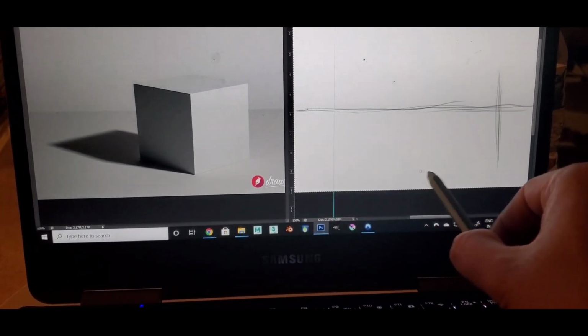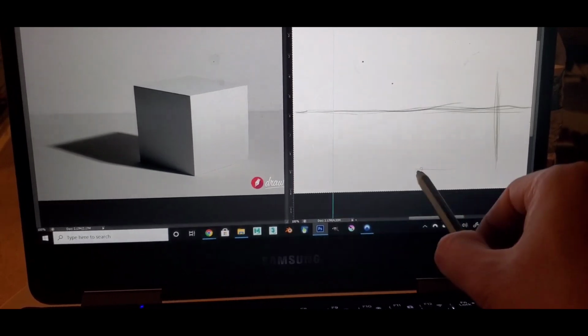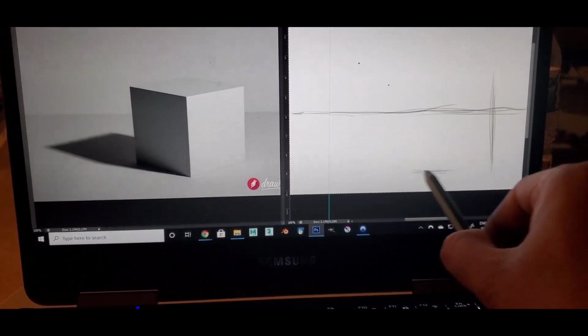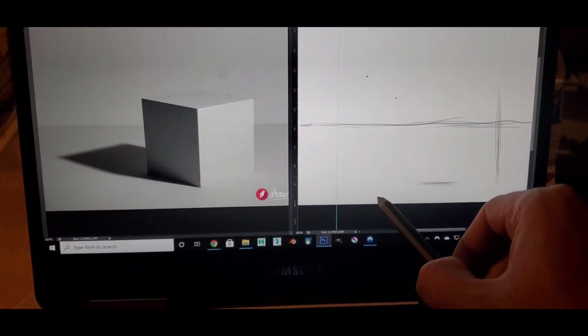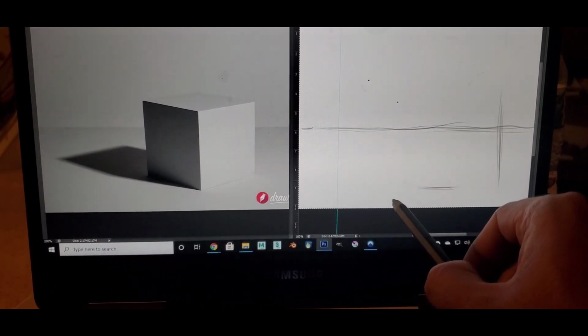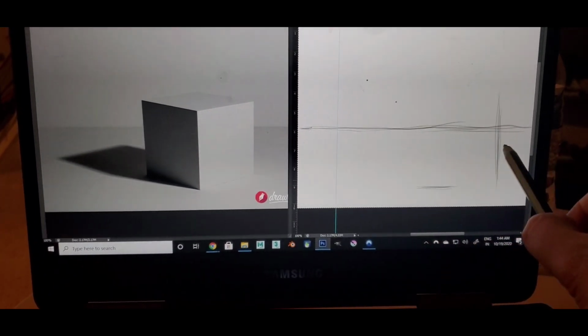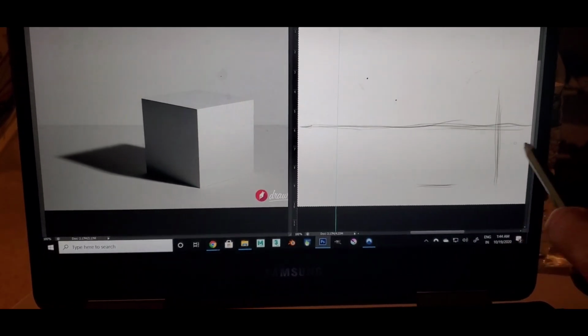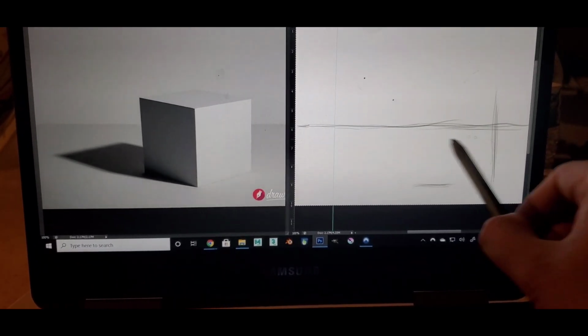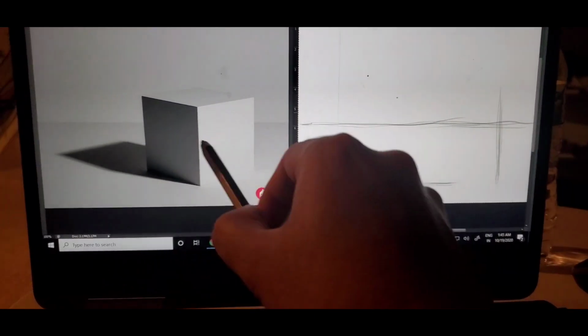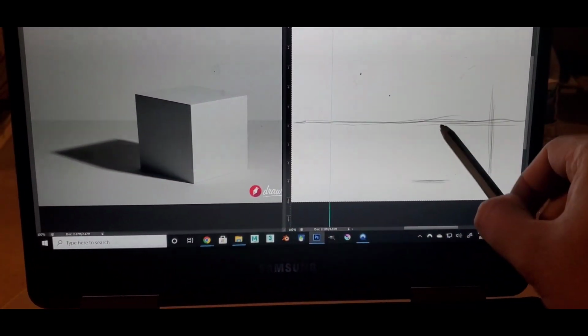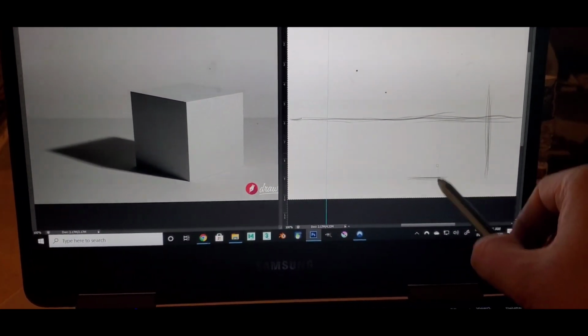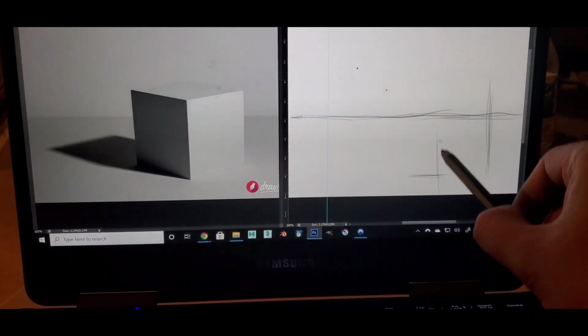If my eyes were trained to analyze this distance more accurately, I would be marking this directly.